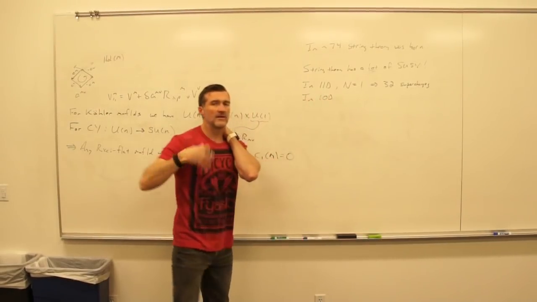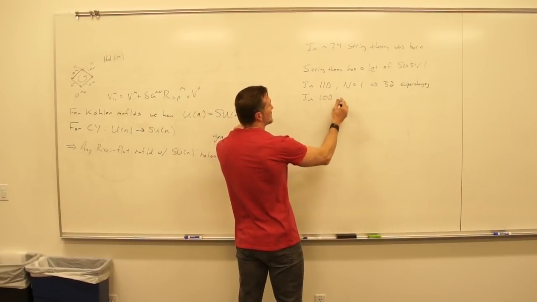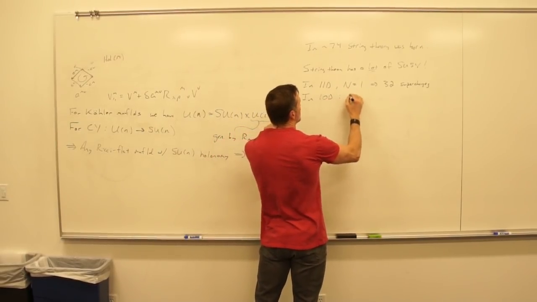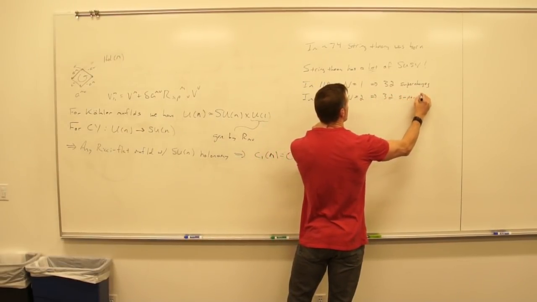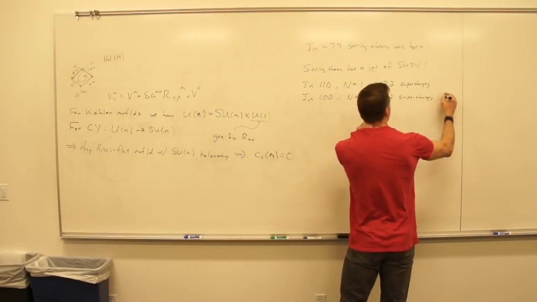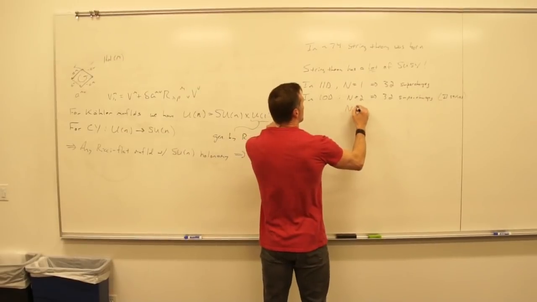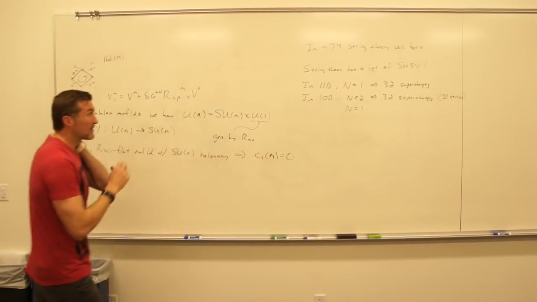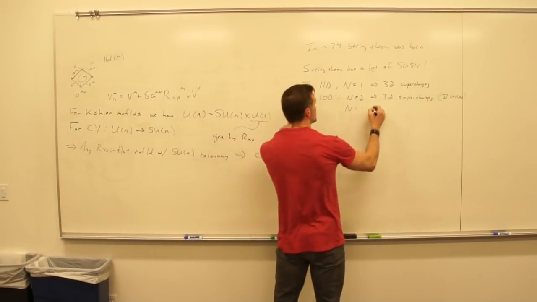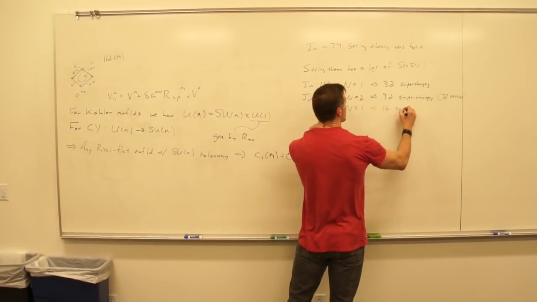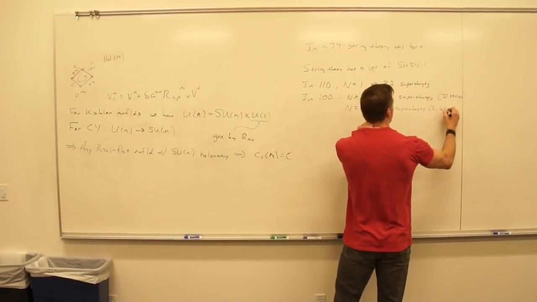If you go down to 10 dimensions where the string theories live, then the N equals 1 from 11 dimensions can give you N equals 2 in 10 dimensions, which has 32 supercharges. And this is the type 2 strings. Or you can actually break the 32 supersymmetries, or the N equals 1 in 11, down to N equals 1 in 10 dimensions, which has 16 supersymmetries or supercharges. And these are the type 1 and heterotic strings.